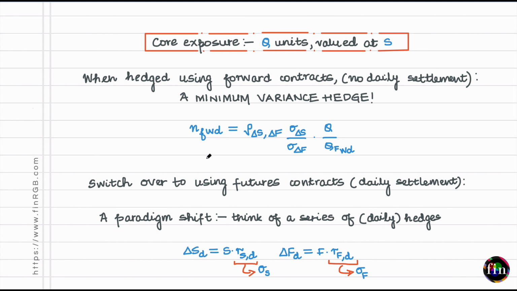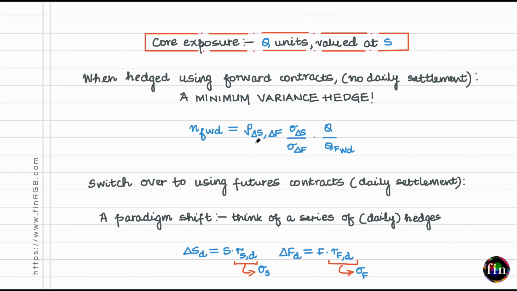If daily settlement is ignored, the variables we'll be working with are changes in the price of the asset, let's call it delta S, and changes in the futures quote, let's call it delta F. Both of these, remember, are over the entire life of the hedge.